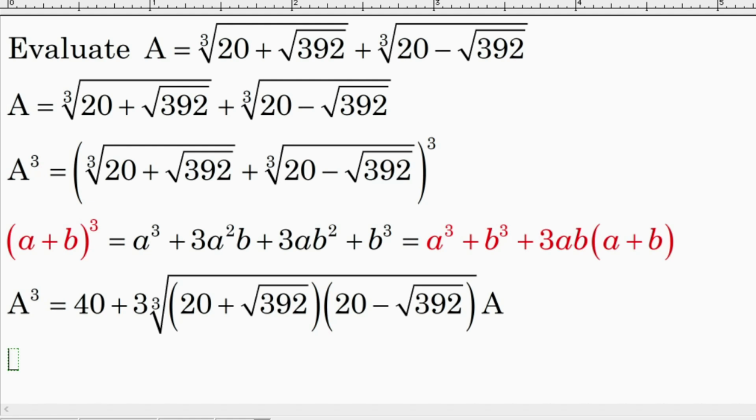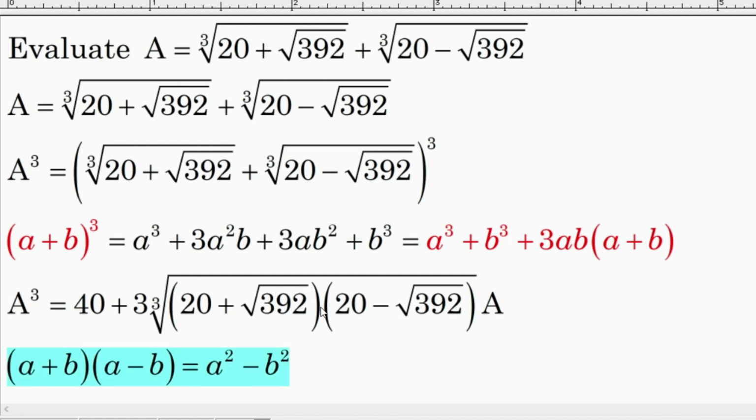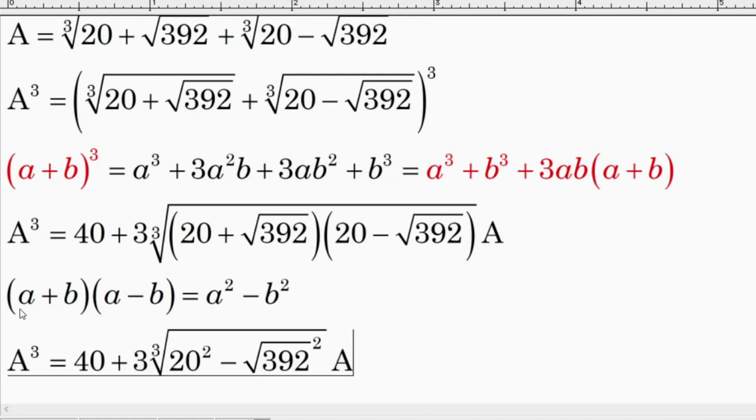Okay, then now we have to look at these two factors. These two factors are related to another formula, which is (a plus b) times (a minus b). This formula is equal to a square minus b square. Okay, so then we will use this formula to apply to these two factors. So then we can write this here like this. Okay, so now we have 20 square minus the square root of 392 raised to square.